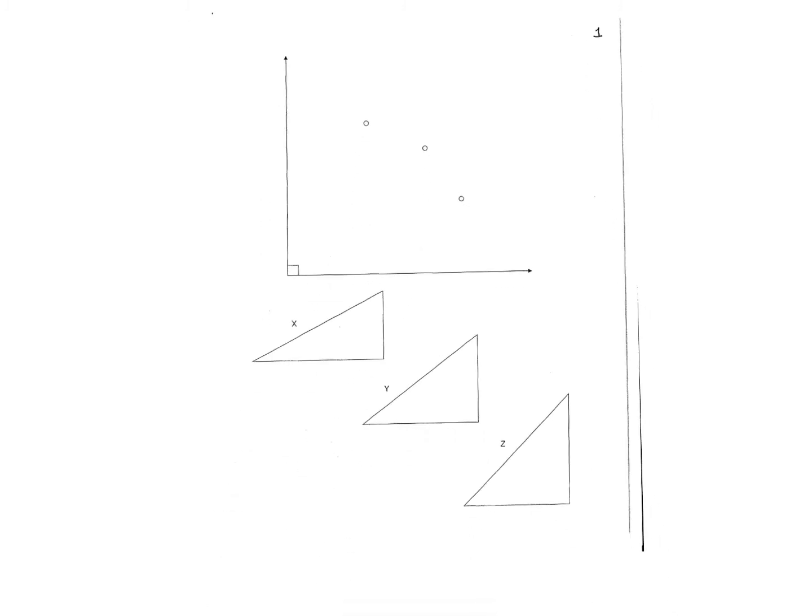The reason it's called a unit circle is that we make the radius of this circle, which ends up being the hypotenuse of each of our right triangles, equal to 1. So we move 1 unit out.